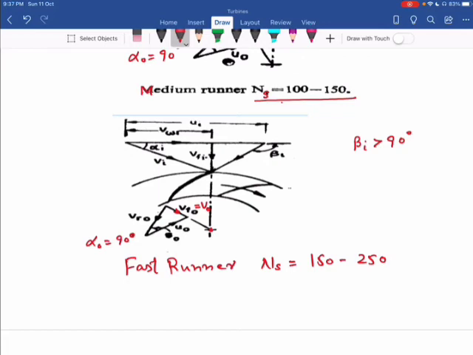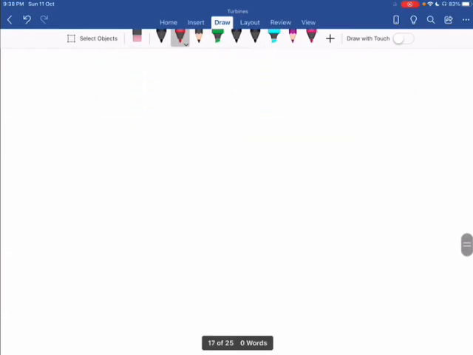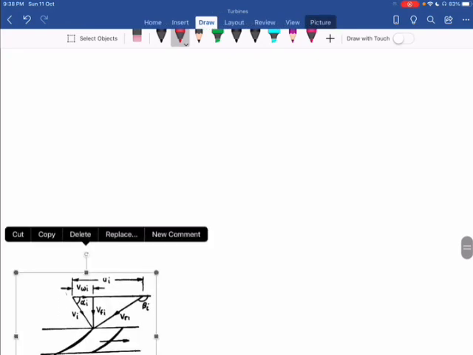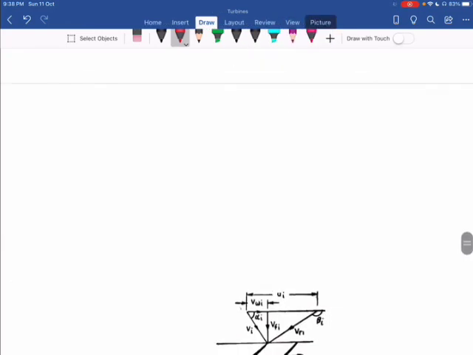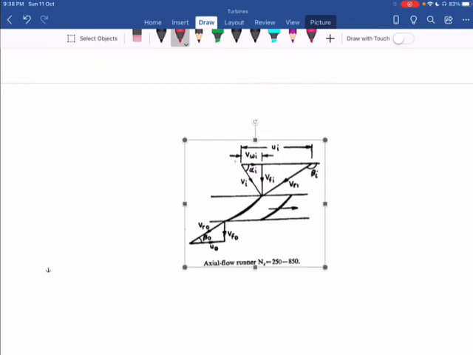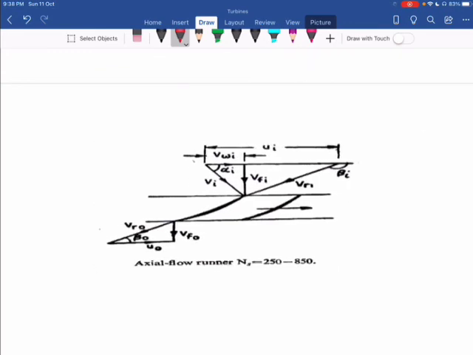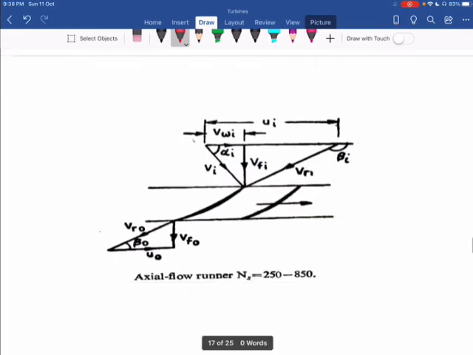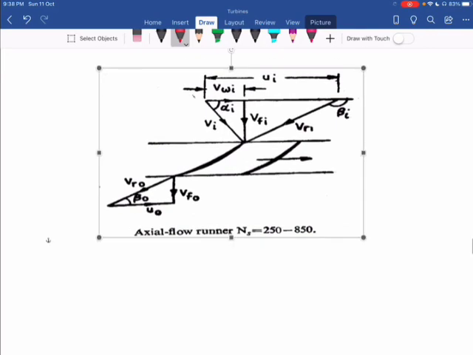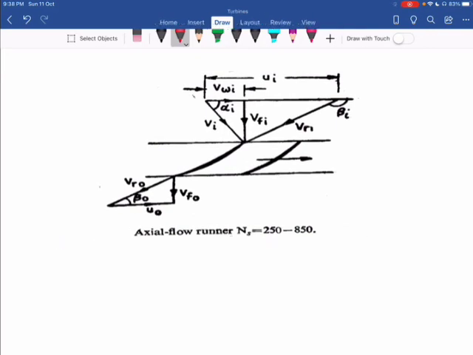Okay, the fourth one is for a higher value of specific speed, normally for an axial turbine, not for this case, but you can see that velocity triangle also. This one is for specific speed range 250 to 850, and this is for axial flow runners.